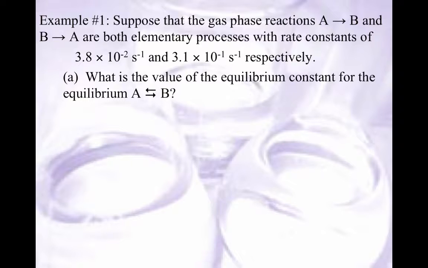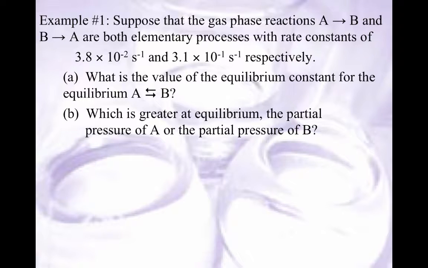It wants to know what is the value of the equilibrium constant for the equilibrium of A and B. So the first thing we need to do is figure out what K is. And the second part wants to know which is greater, the partial pressure of A or the partial pressure of B.